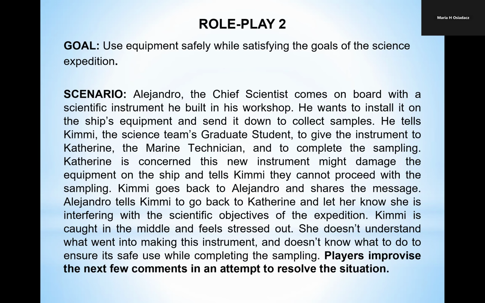I think a lot of times in science, there will be times where they change things on the dot and bring things last minute. Even if they go through all the preparation with everybody in the beginning about what they're bringing on, sometimes things come up and they bring things last minute. That's a lot of times how these situations occur. But it's the same thing we're trying to talk about here: it's a matter of communication.